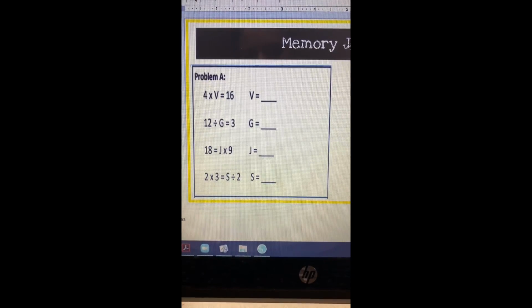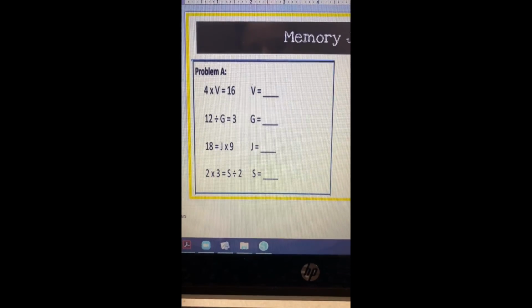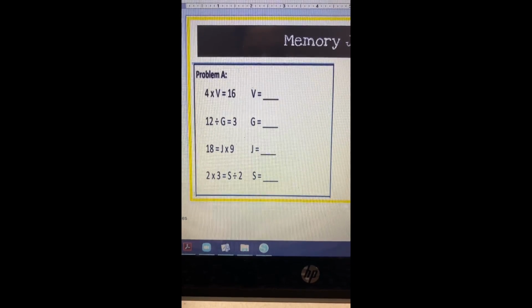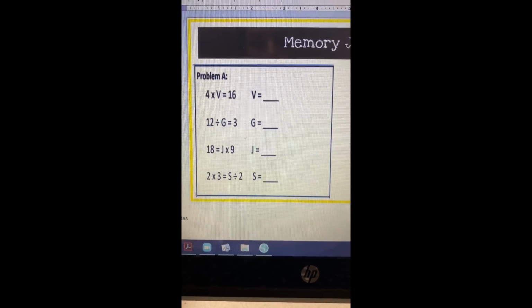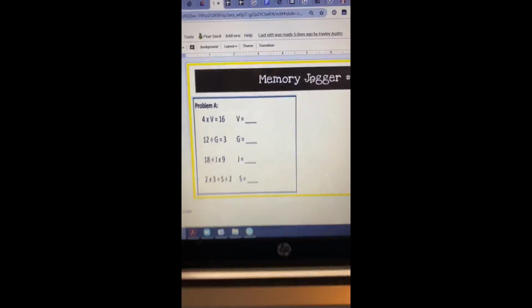You're about 2 minutes in, guys. And actually, let's go ahead and go over the first two. That way, if you struggled on them, hopefully you can do a little bit better on the last two.